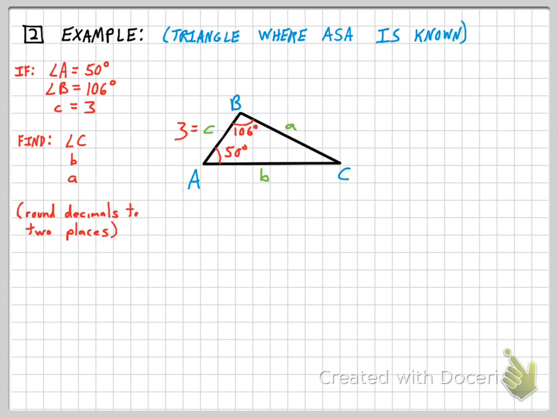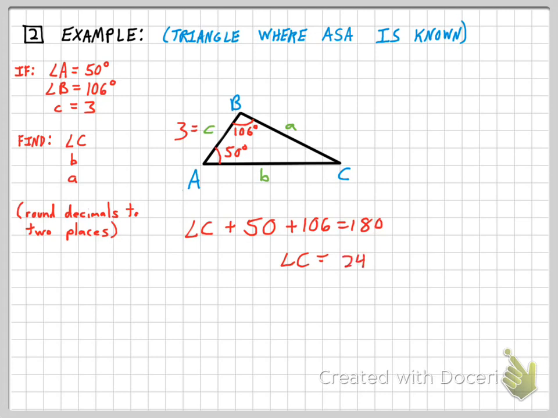Our job is to basically solve the rest of the triangle. So let's start off with angle C. Hopefully you remember that angle C plus angle A plus angle B, 106, all have to add up to 180. That's a pretty easy calculation. I'm going to subtract those 2 angles from 180, and I get 24.